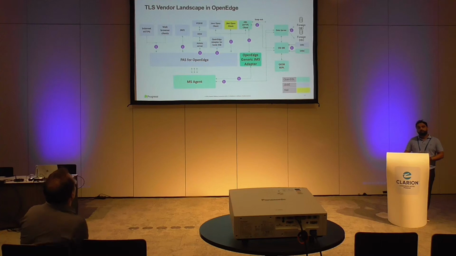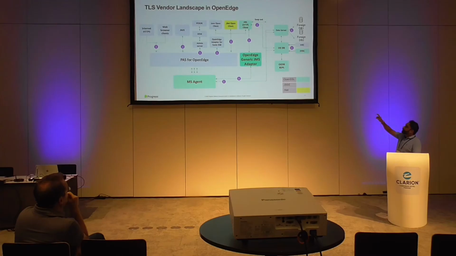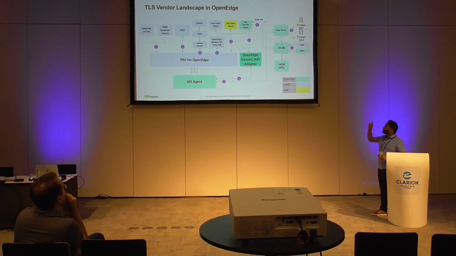For Java based components, we use JSSE. And for .NET based components, we use the Microsoft implementation. All the blue boxes indicate that the underlying TLS vendor is JSSE, green ones indicate OpenSSL, and yellow is for .NET.